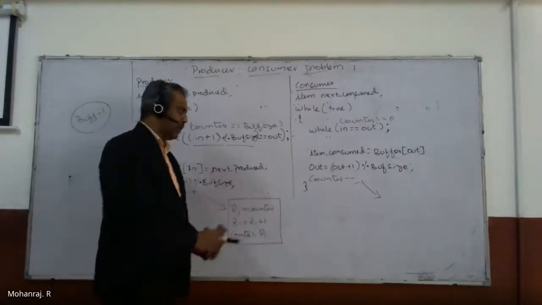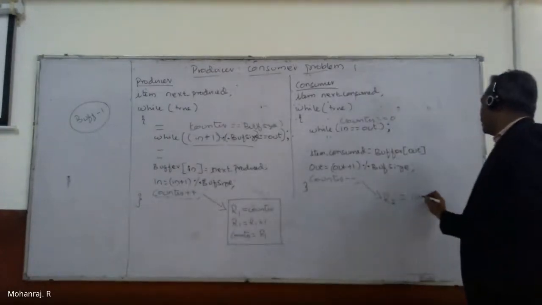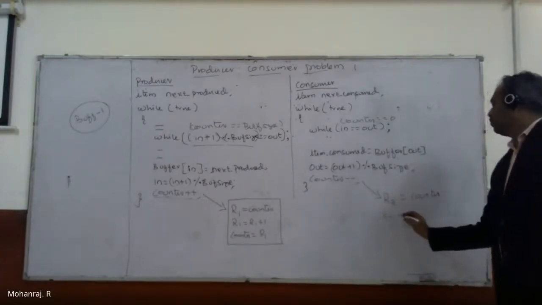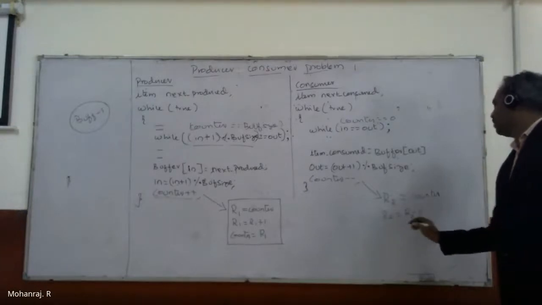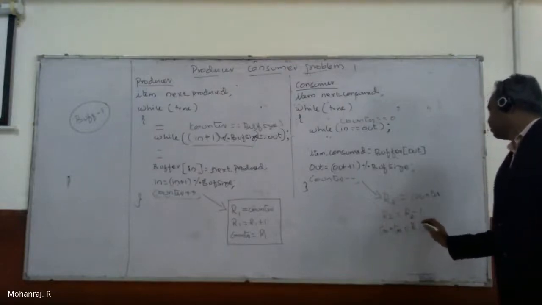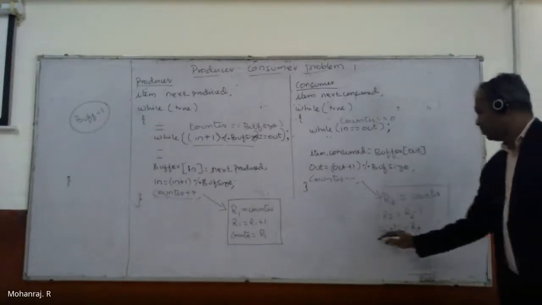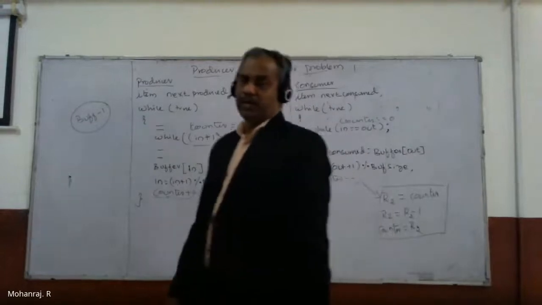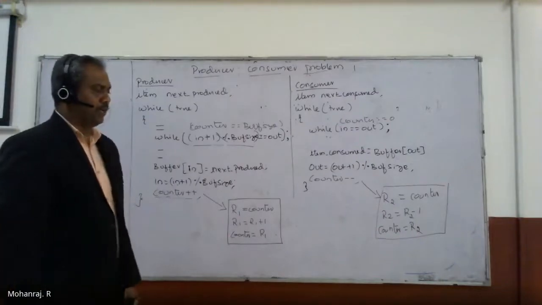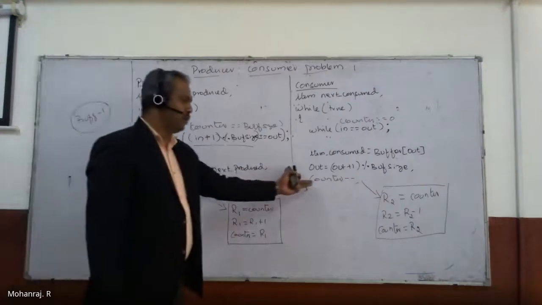In the same way, let us assume R2, and for this program, counter will be decremented by 1 using R2: R2 equal to counter, R2 equal to R2 minus 1, and again the updated value of register 2 is copied back to counter, so that a decremented value will be found.